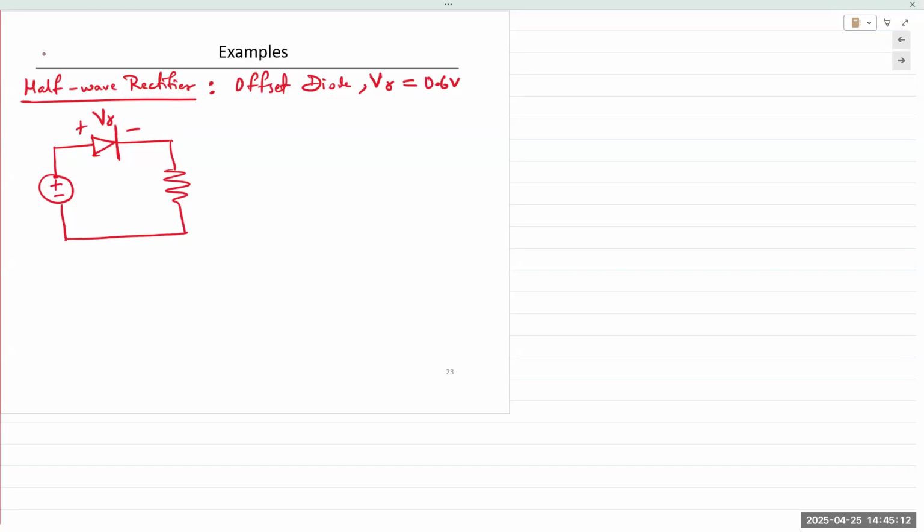This is the load resistor RL, which has a voltage drop across it of VRL. This is the input voltage V in of t. And of course, they all share the same current I.